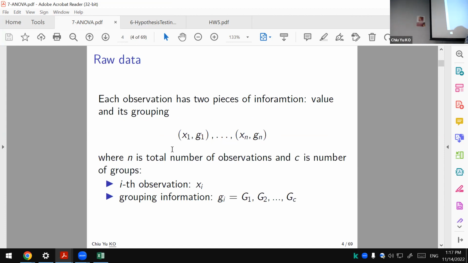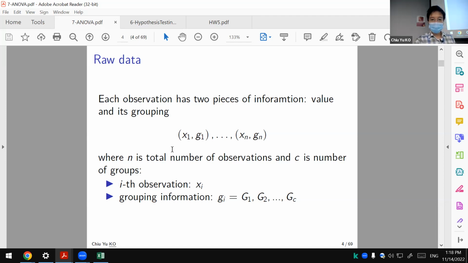When you collect information, you have n data points, but actually n pairs of data points. Each one has an observation as a data point. For example, X1, G1 may be student number 1. If you care about GPA, X1 will be the student 1 GPA, and G1 may be college of NA.